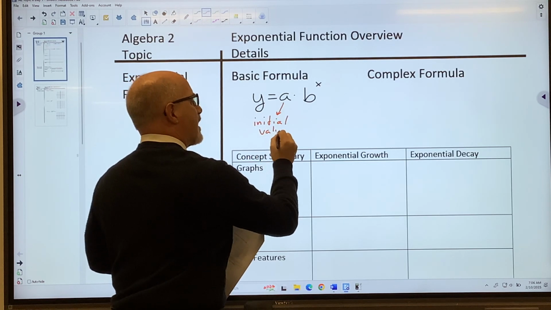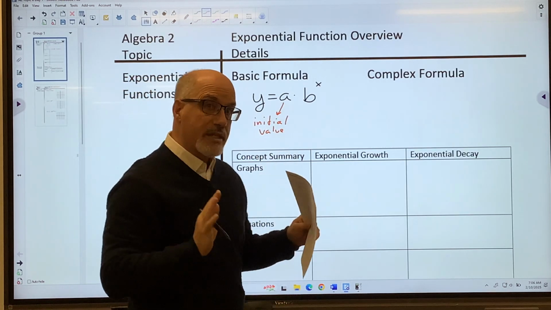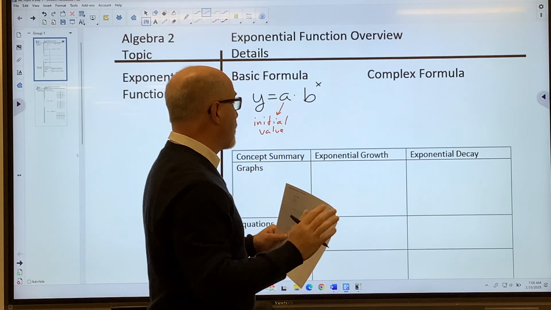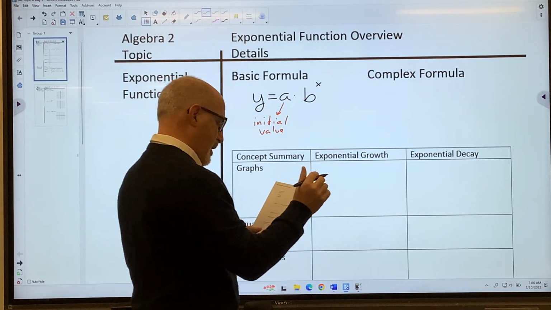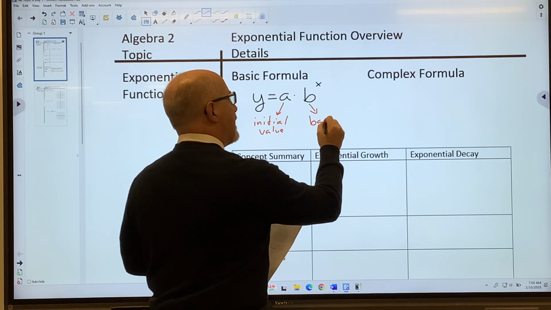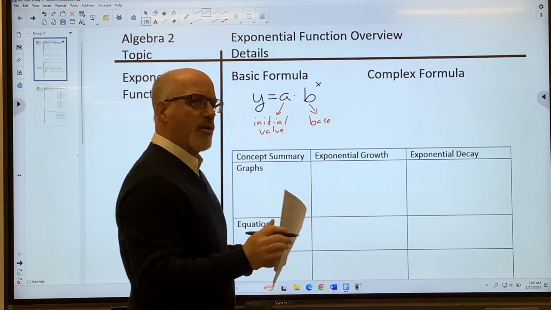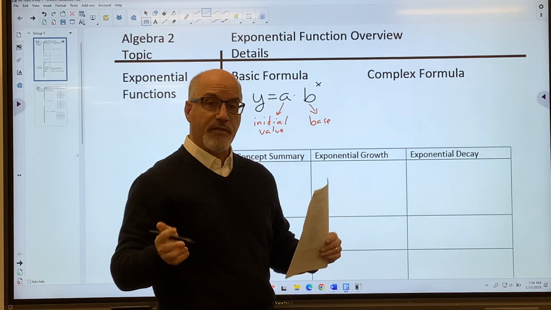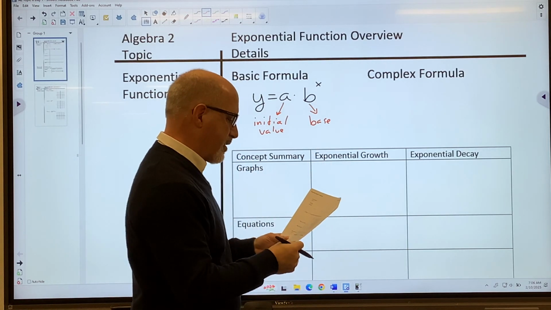If we're talking about an application, it's where we start the whole problem. And the b here, we call the base, because it's going to tell us the growth factor, or if it goes down, the decay factor.